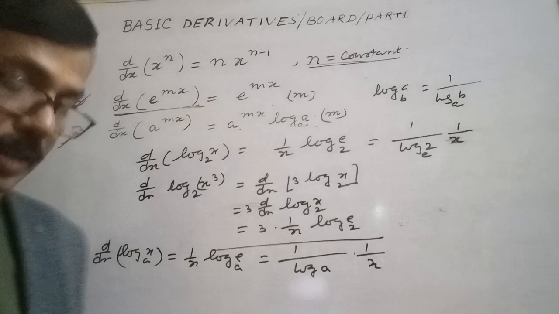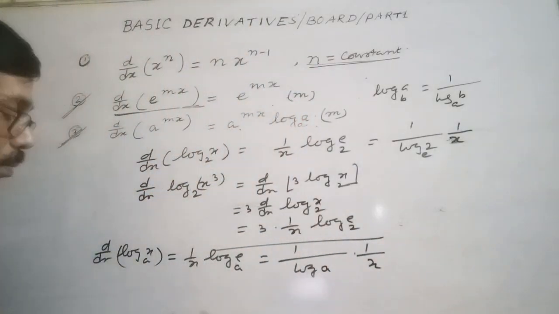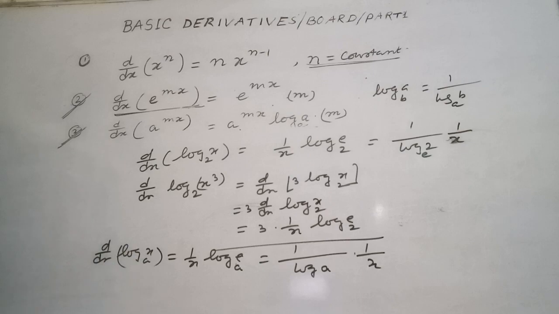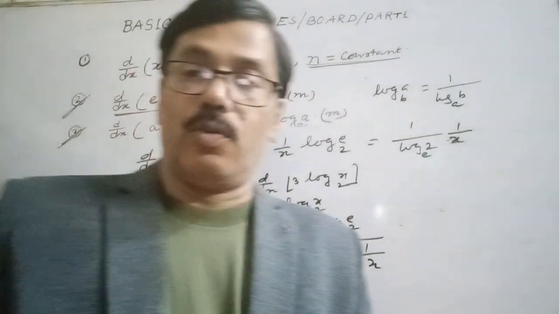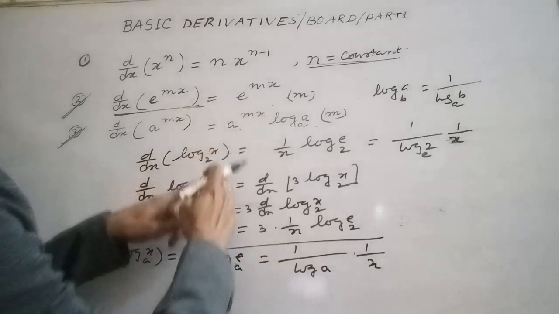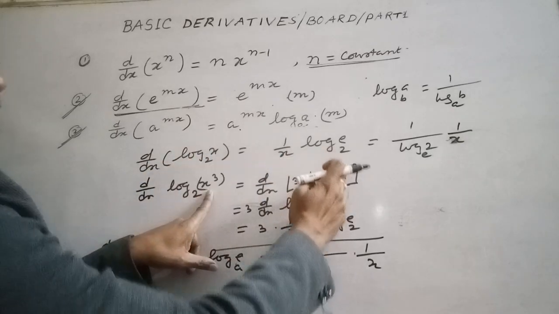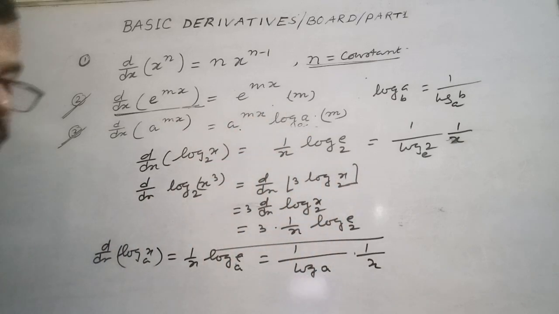Sorry, this is log a. So if the base is not e, you have to multiply by log e base a. And we can perform the derivative when this one is linear. This is not linear, but using the property of log, you can make it linear.